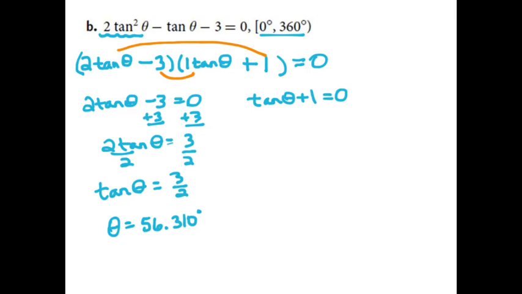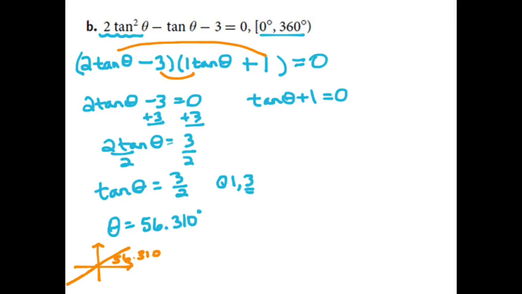And so that's one of our solutions here, but remember each of these typically yield 2 solutions. And so if I think about tangent, it's positive in quadrants 1 and 3. And I've got my quadrant 1 angle. I need to also find that quadrant 3 angle. So I'm going to draw a little diagram over here just to help us picture this. Here's my answer that I found already. This angle right here is 56.310.